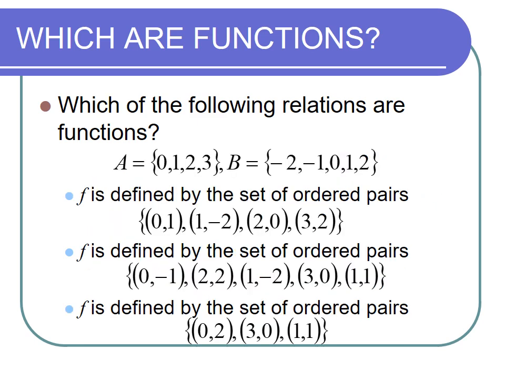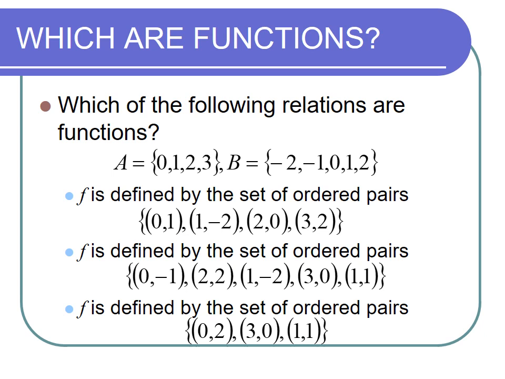These are relations. So think of ordered pairs. Like in the first one, 0 goes to 1, 1 goes to -2, and so on. Which of these fit the definition of function? If you look at this first blue dot, 0, 1, 2, and 3 are the domain values. They each have somewhere to go, and they all go to places in the target space. So that looks good. That's a function.